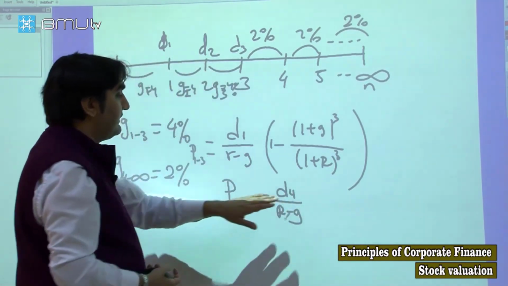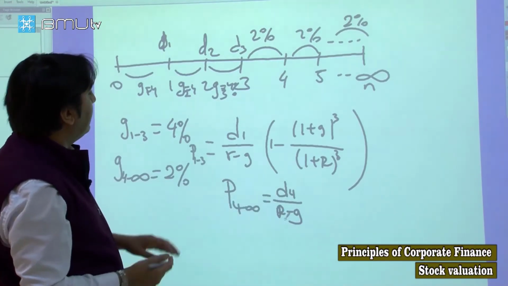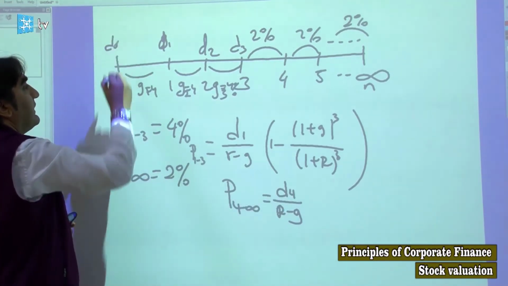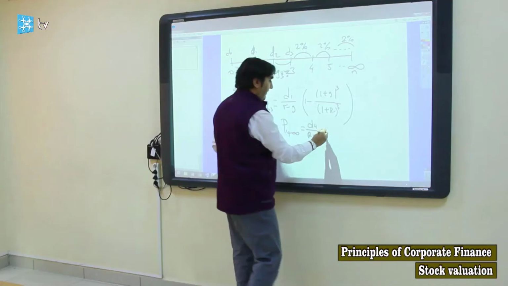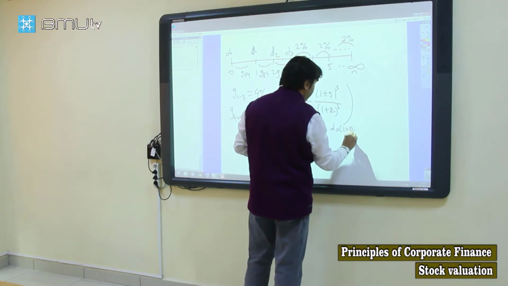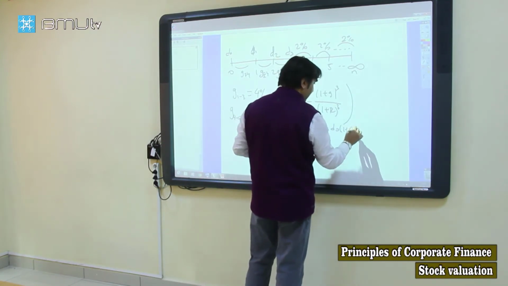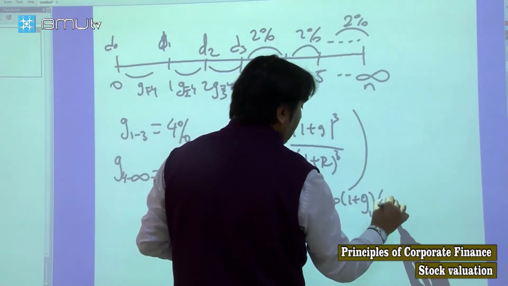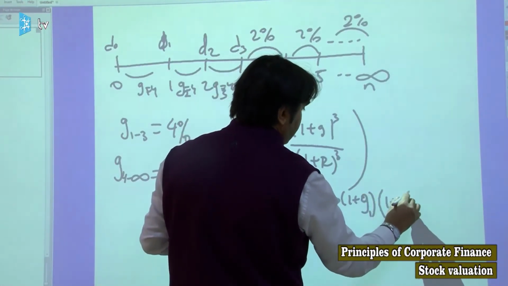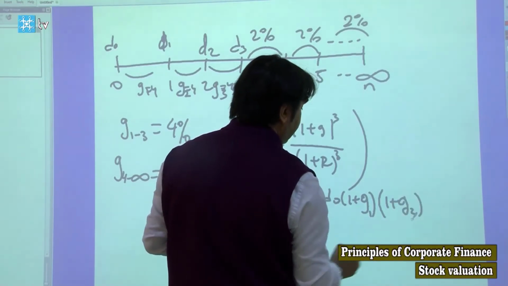Here we see our D4 is D0 times 1 plus G1 times 1 plus G2 here.